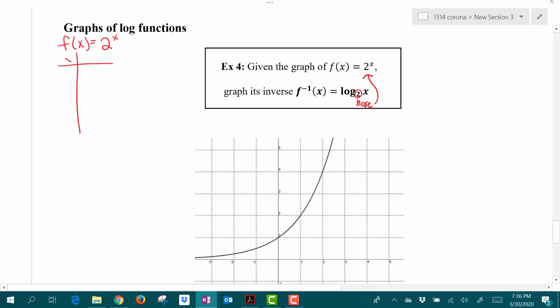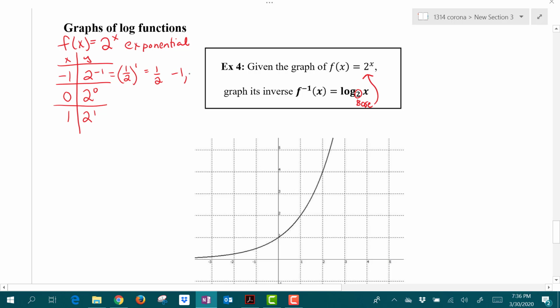So, the x values go in, the y values come out. For an exponential function, we're allowed to choose any x values that we want. So let's say -1, 0, and 1. So we'll do 2 to the -1 power, 2 to the 0 power, and 2 to the power of 1. 2 to the -1 power is the reciprocal of 2 raised to the +1 power, so I get 1/2.